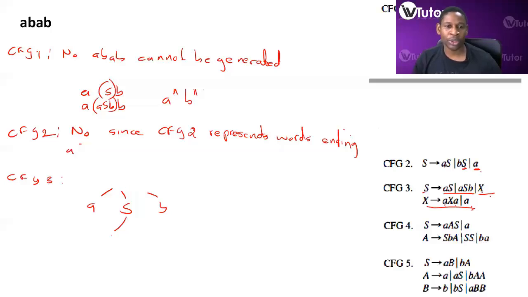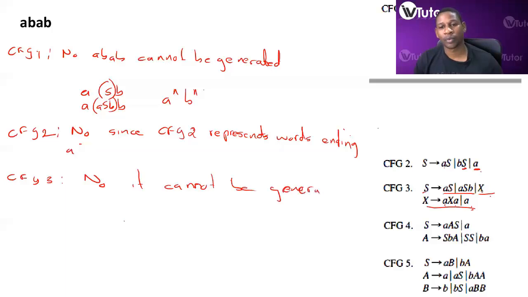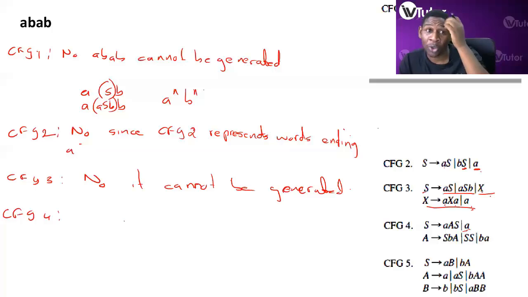So you also say no, it cannot be generated. Then CFG4 says we want to check whether ABAB is generated here. AAS, right? S ends with an A, so all the words end with an A there. Therefore the answer is no.